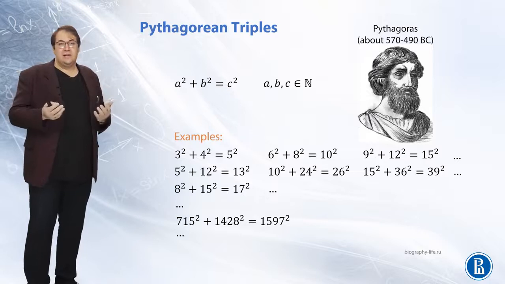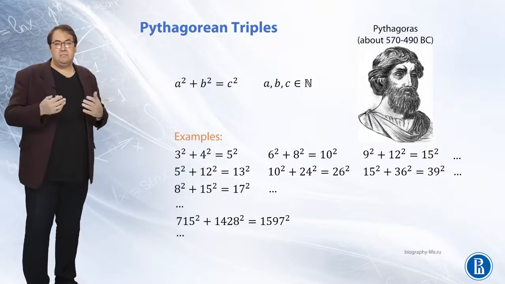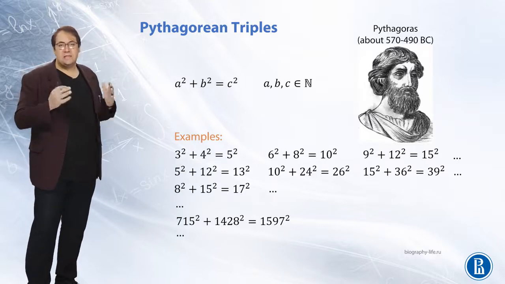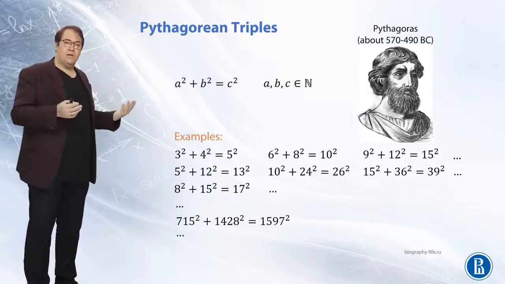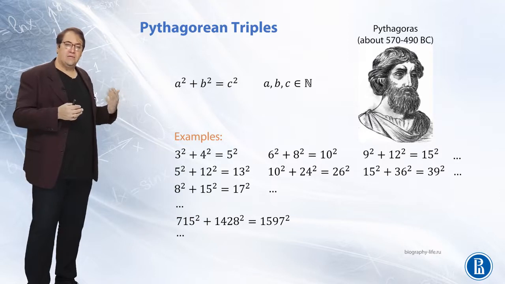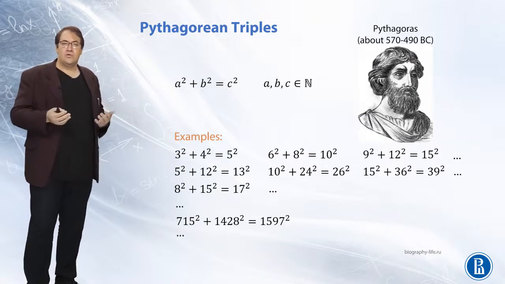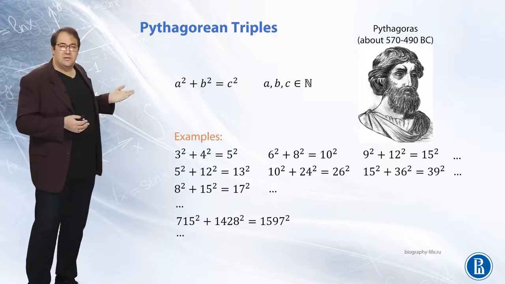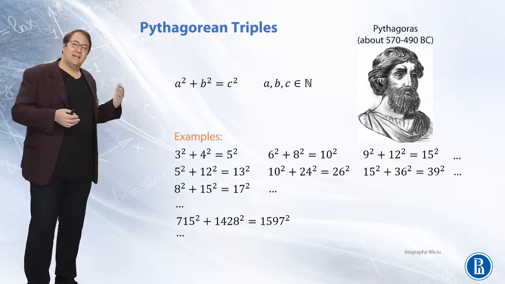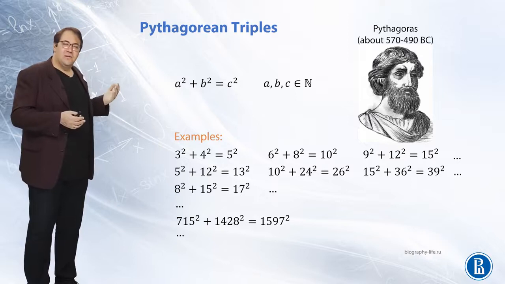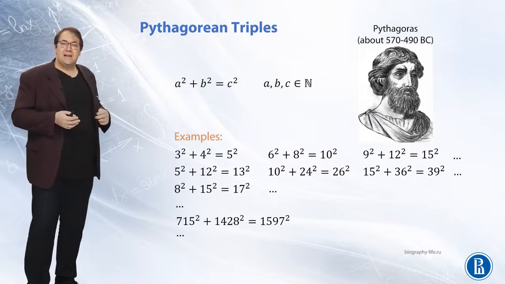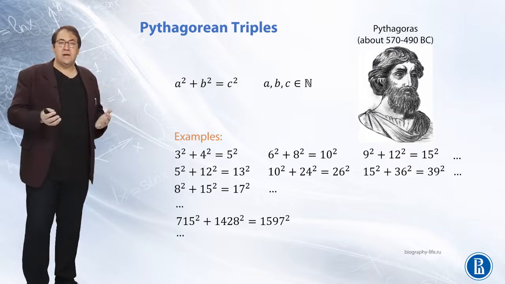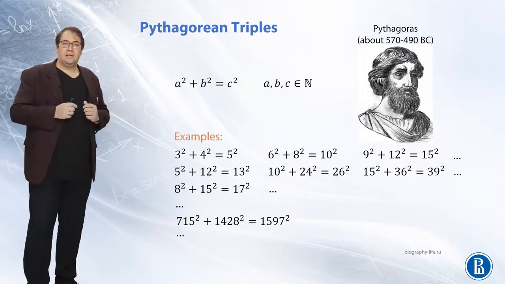And we can notice that besides the triple 3, 4, 5, there exists a triple 5, 12, 13, or 8, 15, 17, or for instance 715, 1428, and 1597, which are pairwise mutually prime.